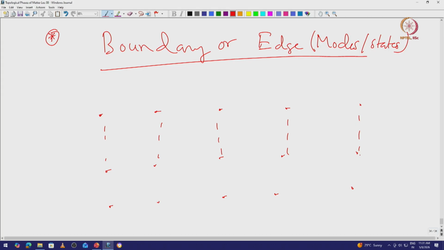Now, what we will do is let us not put the periodic boundary condition along the y direction. What we generally do is that when we put the periodic boundary condition, we say that at the end of your material, this side and this side are the same.